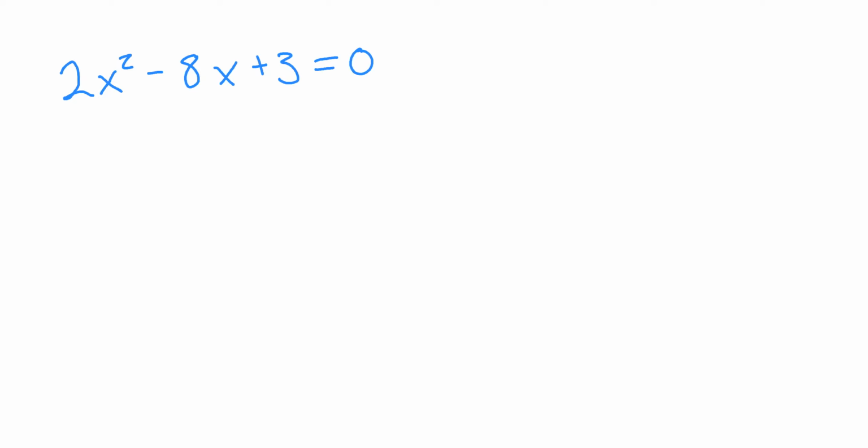I can't think of anything that multiplies to 6, which is just 1 and 6 and 2 and 3. And you could never get a 1 and a 6 or a 2 and a 3 to add to -8. So we can't factor this guy either. Usually, if you can't factor them, it's because there's going to be a square root in your answer, basically. Okay.